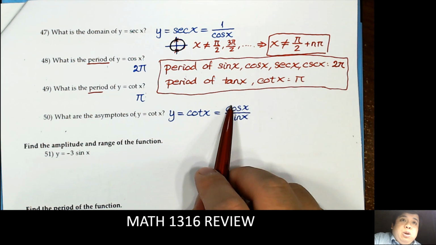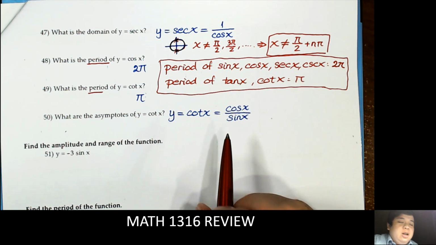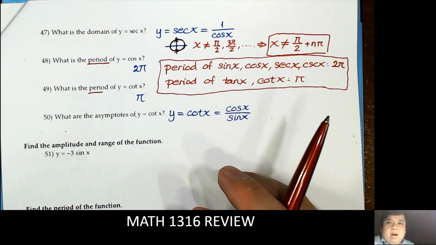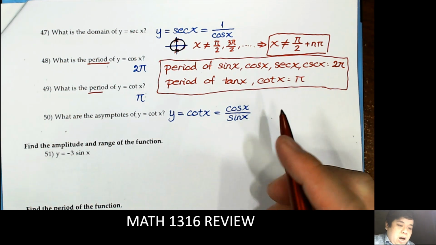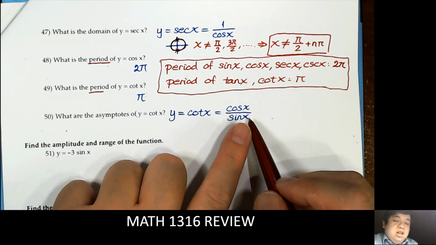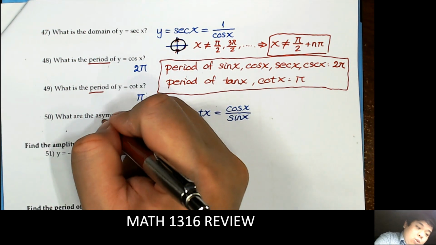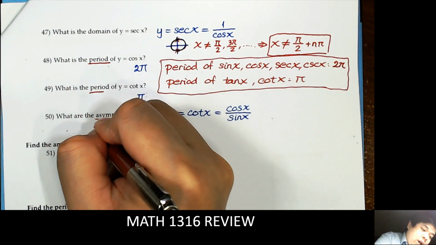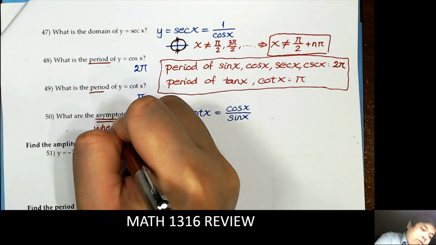Domain is where the function is defined. The asymptote is where the function is not defined in terms of circular function. So we need this function to be undefined, meaning that the denominator is equal to 0. That's where we find the asymptotes, where the function is undefined.